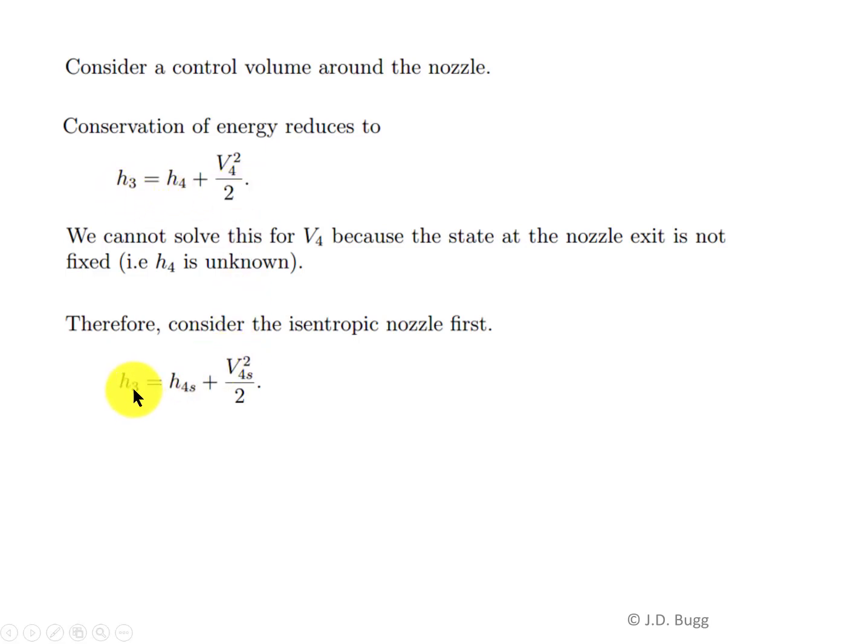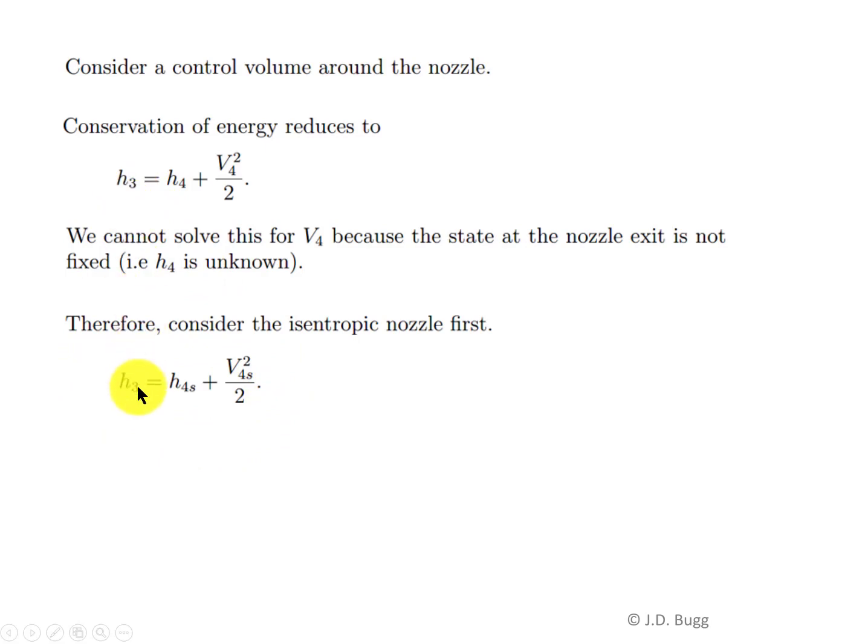Now we're writing exactly the same equation again, but for the isentropic nozzle, so temporarily assuming that the efficiency of the nozzle is 100%. Notice that we now have a subscript S on the exit enthalpy and on the exit kinetic energy, so H4S and V4S. This is now the isentropic case.